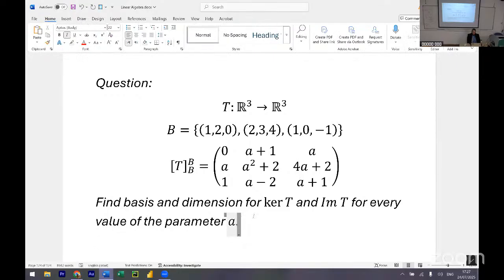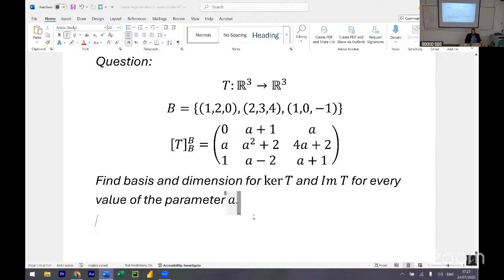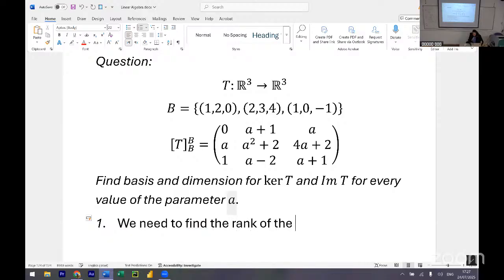So that's a neat question in the sense that it goes over 3 questions of our test. First of all, you need to be able to reduce the matrix and know its rank for every value of A. We need to find the rank of the matrix for every value of A. That's one thing.